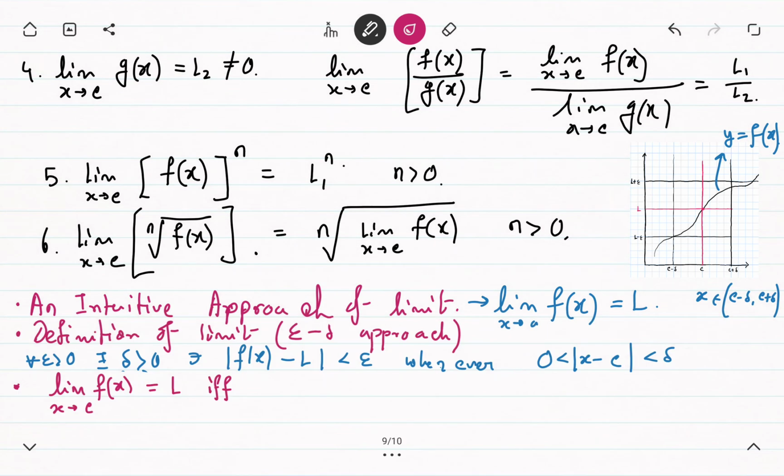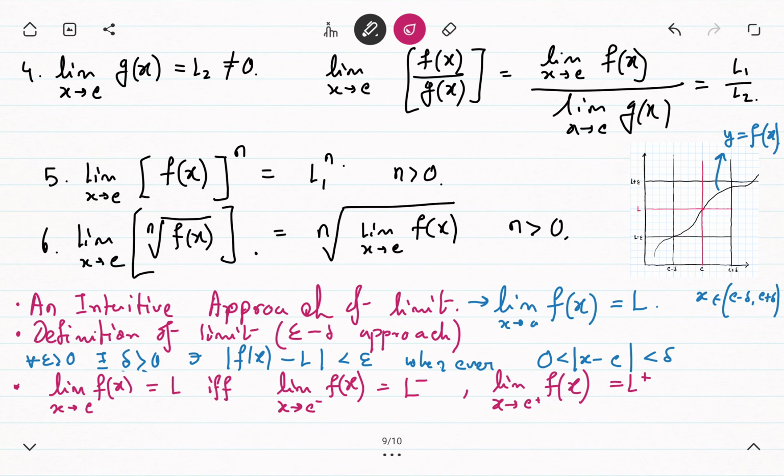both side limits, so x approaching c from the negative side, that will be L minus, and the limit as x tends to c from the positive side of this function, that is L plus.